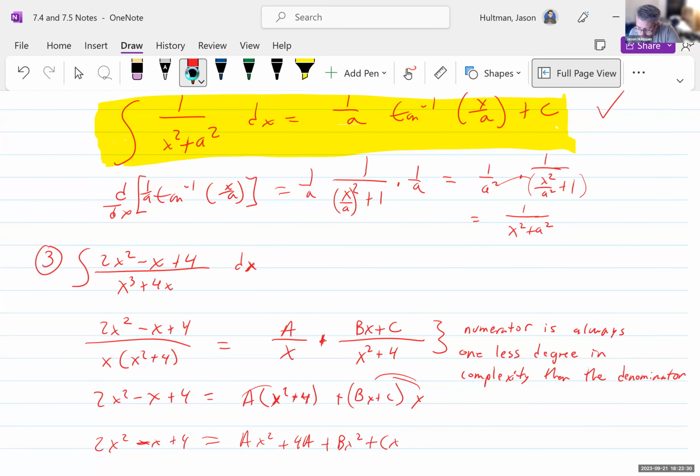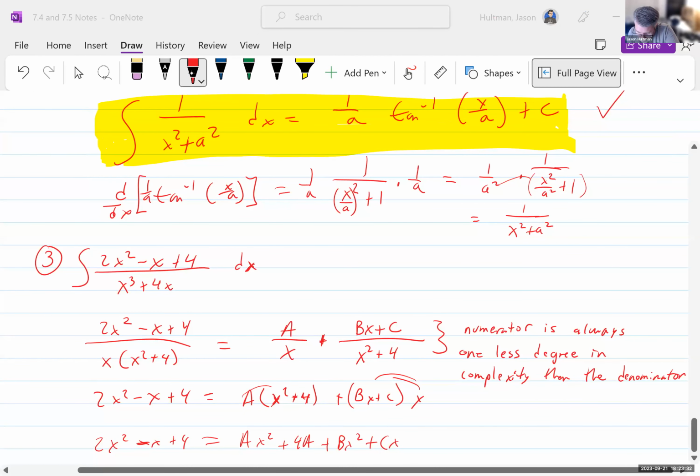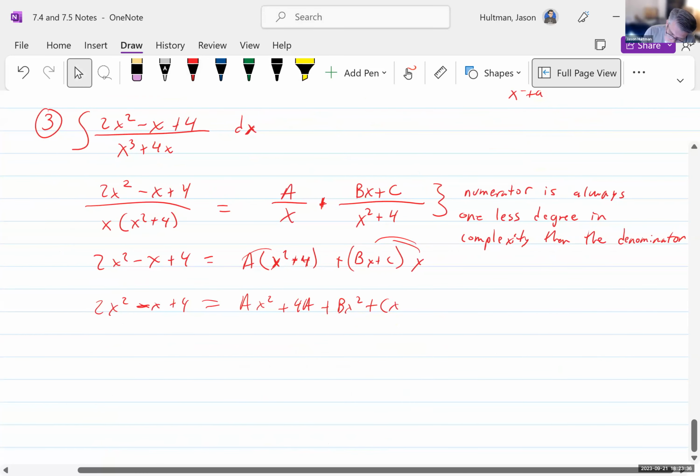Let me just get this into a form that allows me to compare a little. So we have 2x squared minus x plus 4 is equal to, I'm going to group the ax squared and the bx squared to be a plus b times x squared.